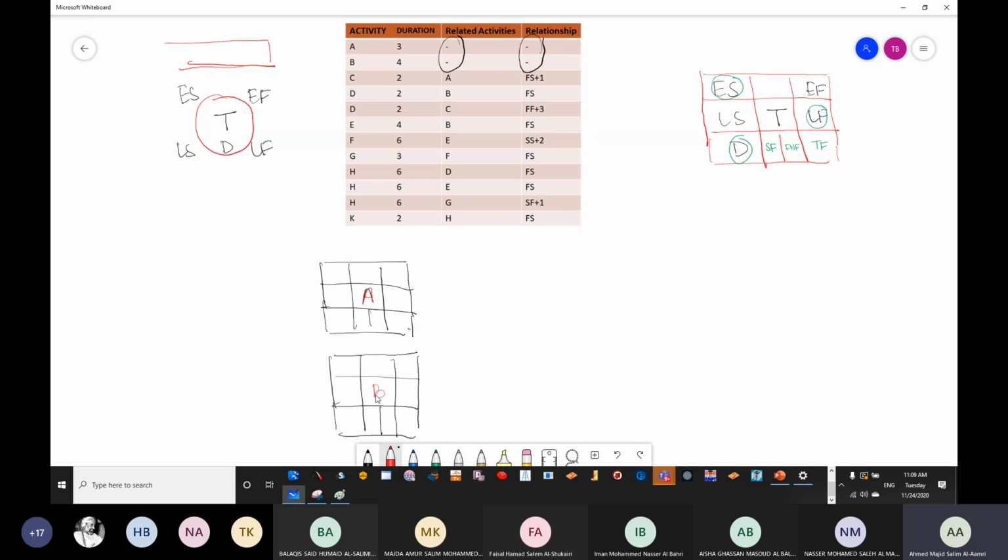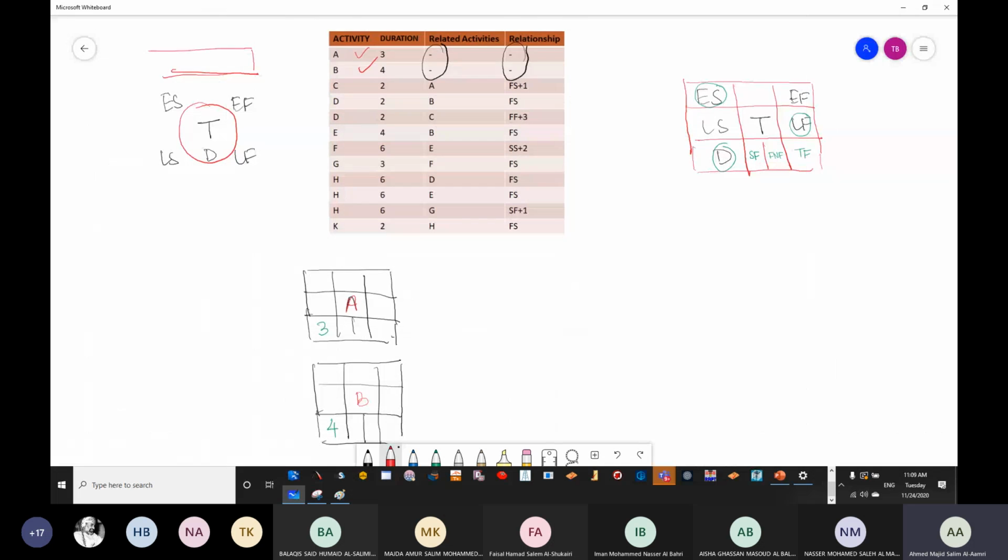The duration of A is 3 days. The duration of B is 4 days. So we have finished A and B. Now going for C. C is going to come after A. The relationship is finish to start plus 1.